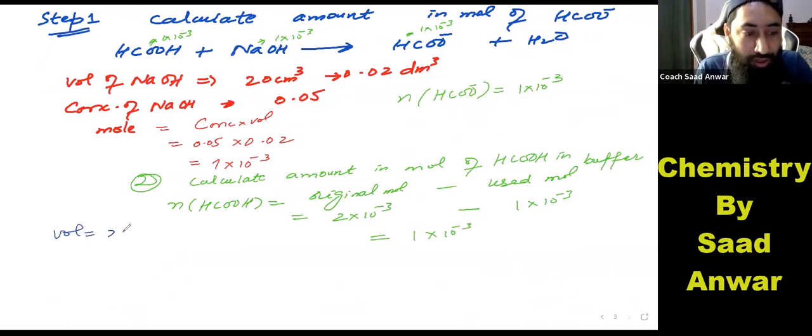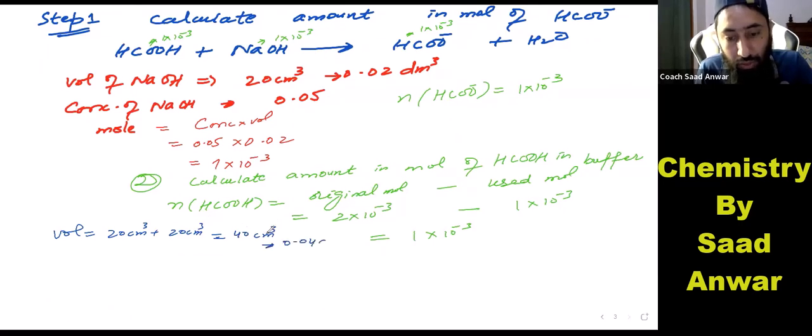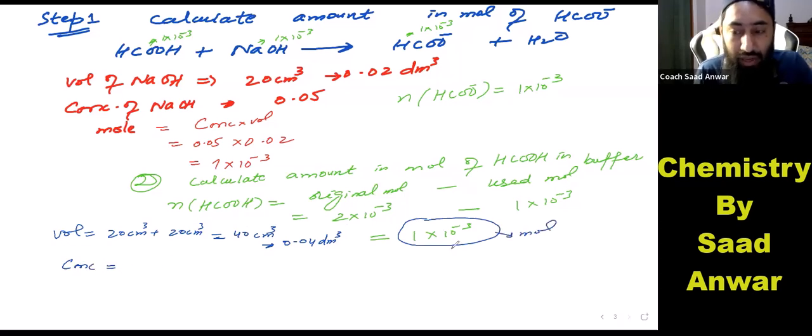Now the volume is 20 cubic centimeter that comes from acid, and 20 cubic centimeter that comes from alkali, so 40 cubic centimeter, which means 0.04 cubic decimeter. Now guys, I have the mole of acid and I have the volume.